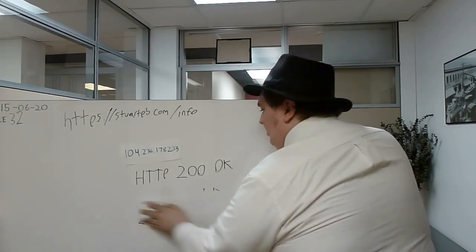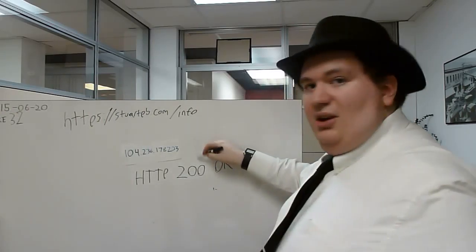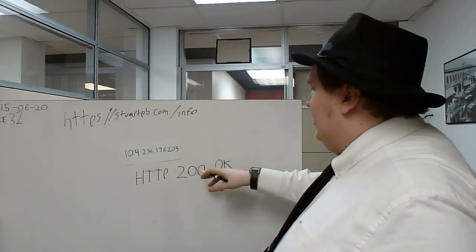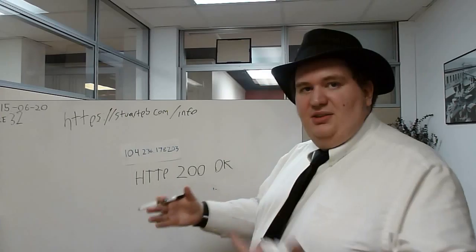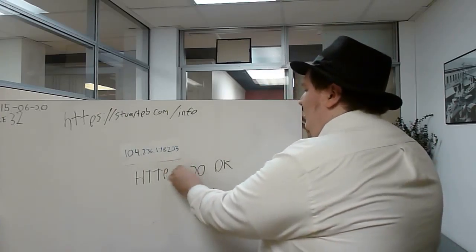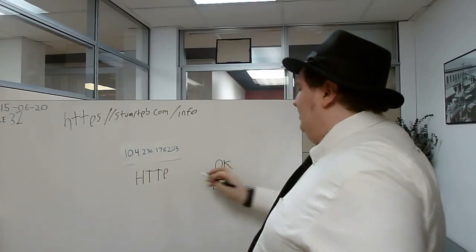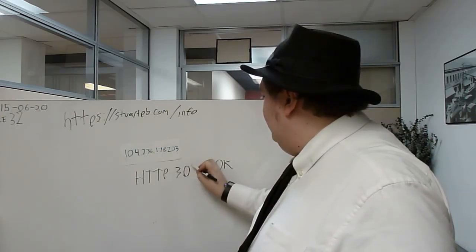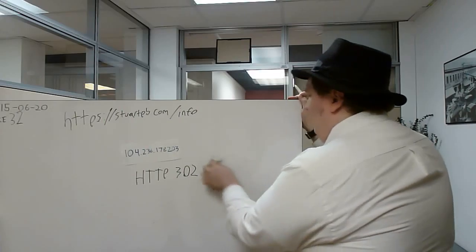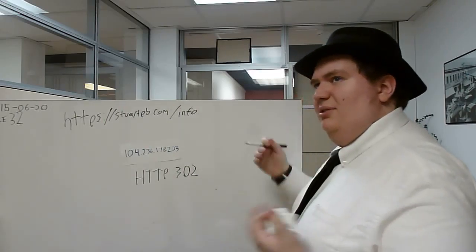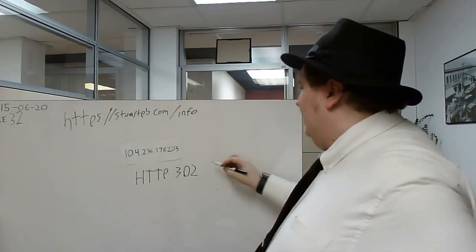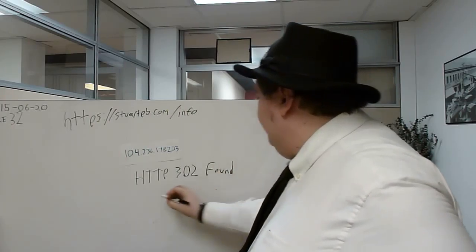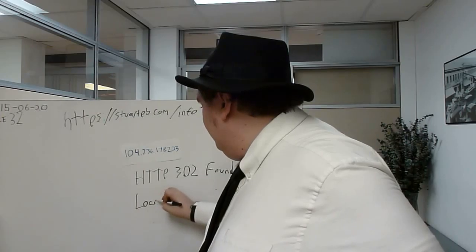HTTP has a number of status codes defined based on what happens. So 200 is the usual okay, it worked status code. If it's a status code like 302, I think the name doesn't actually matter. It's sort of like a hint if you're inspecting it. But 302 is going to be like Found, and there will be a Location header.